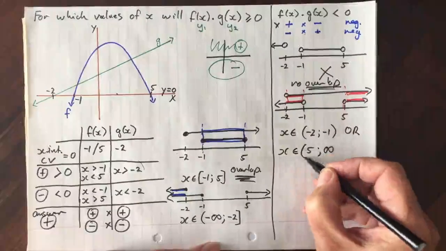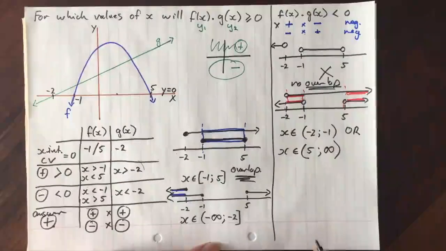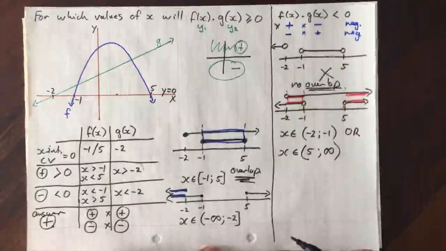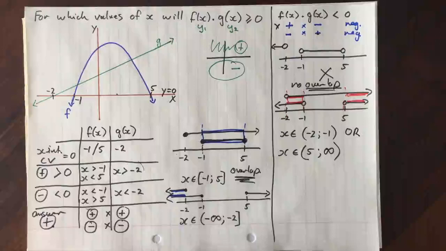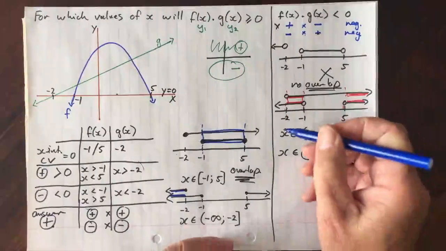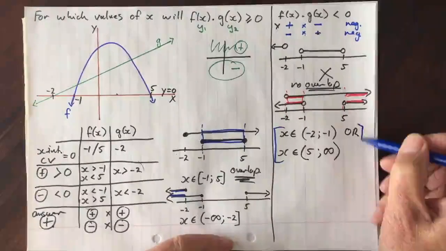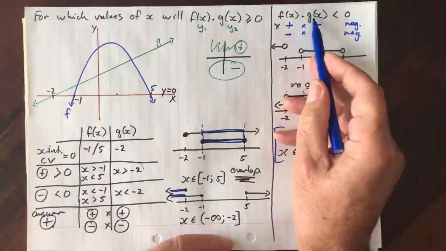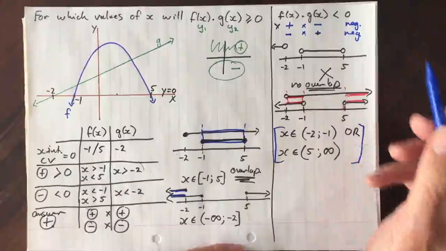Open bracket, and also open bracket for infinity. So these two intervals are actually my solution for where f(x) times g(x) is less than 0.